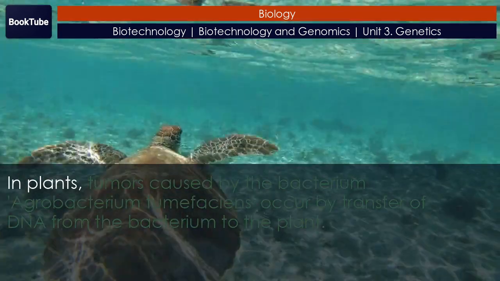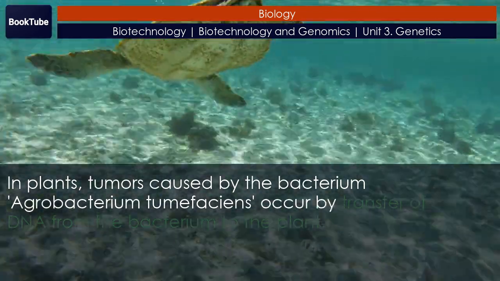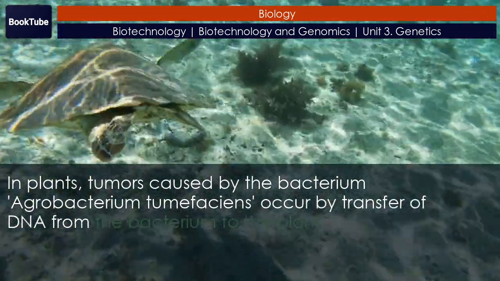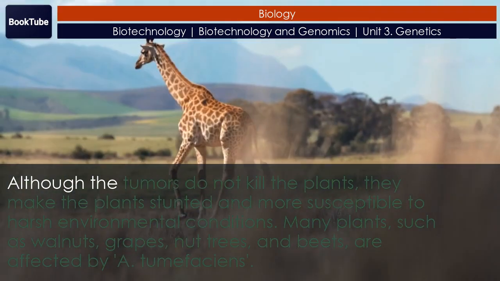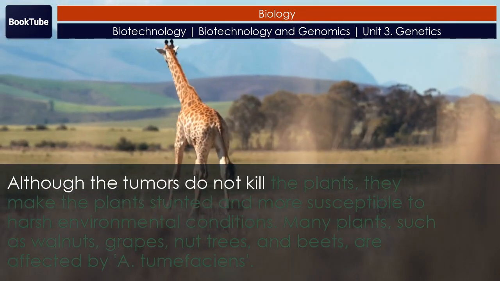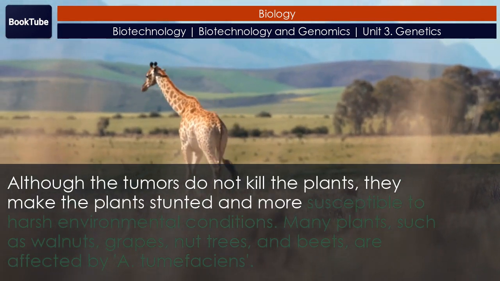In plants, tumors caused by the bacterium Agrobacterium tumefaciens occur by transfer of DNA from the bacterium to the plant. Although the tumors do not kill the plants, they make the plants stunted and more susceptible to harsh environmental conditions.